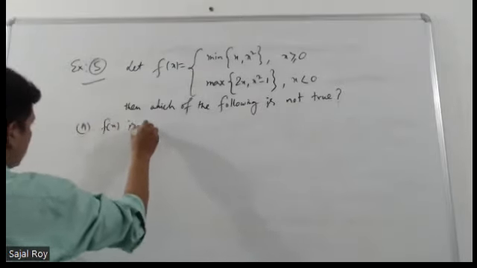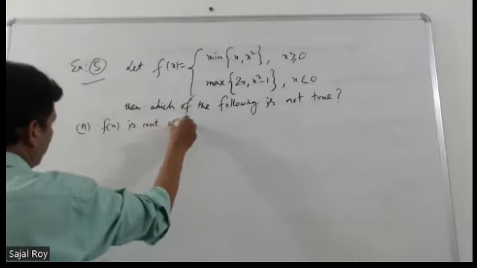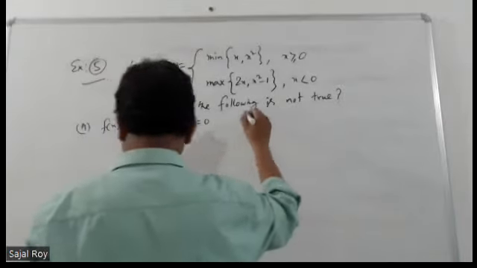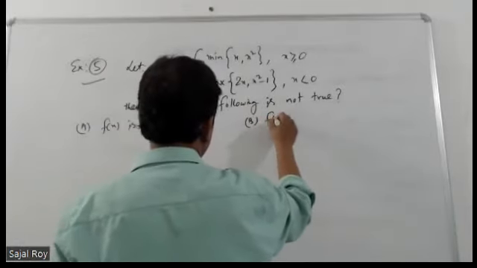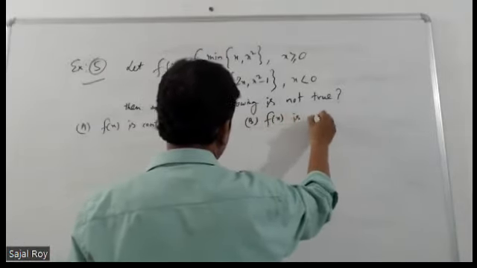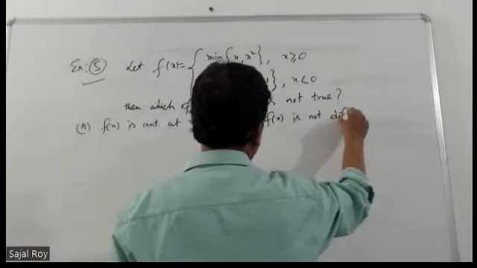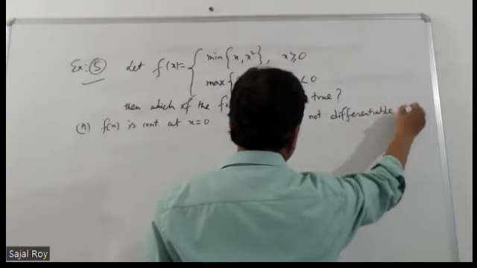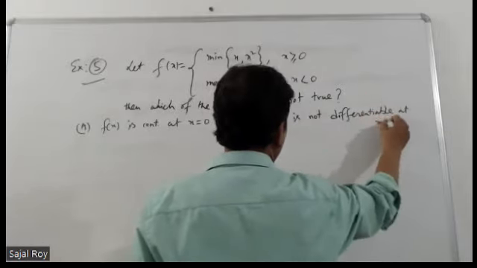A, f(x) is continuous at x equal to 0. B, f(x) is not differentiable at x equal to 1.